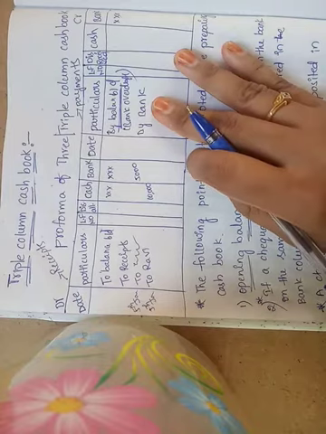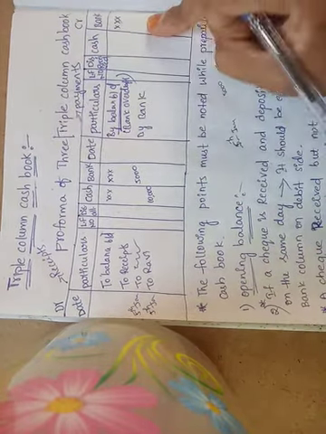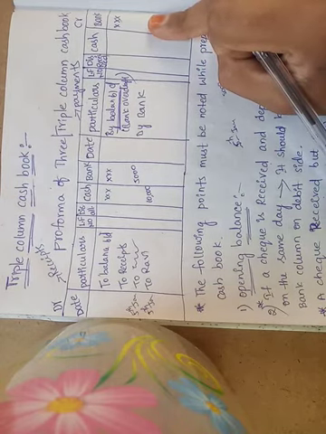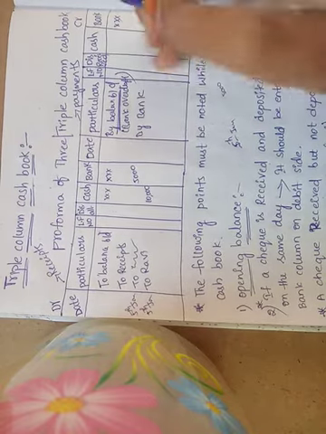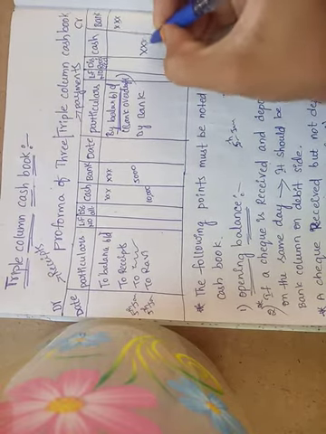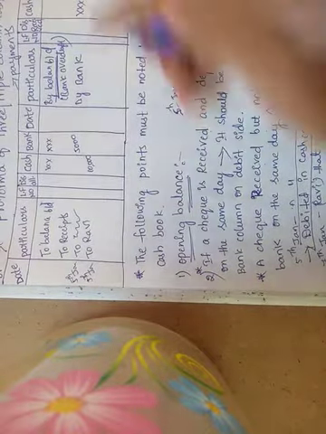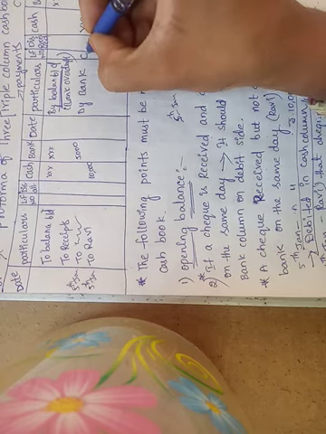Up to here, don't write the amount in the bank column. You have to write it in the cash column, on the opposite side. And on the debit side it is a contra entry, so in the LF column you must write the symbol C.